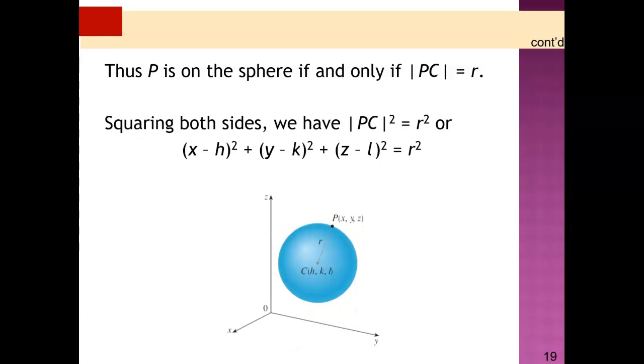Squaring both sides of our formula here, we get the absolute value of the length of PC squared is equal to r squared, or we have this extended formula. This is our equation for a sphere in 3 space, where (h, k, l) is the center of the sphere, and r is the radius of the sphere.